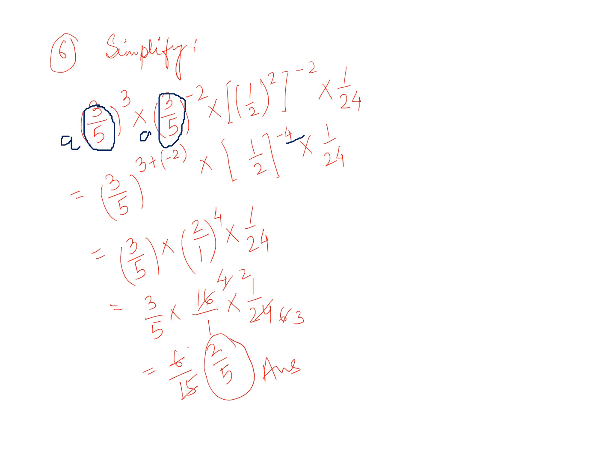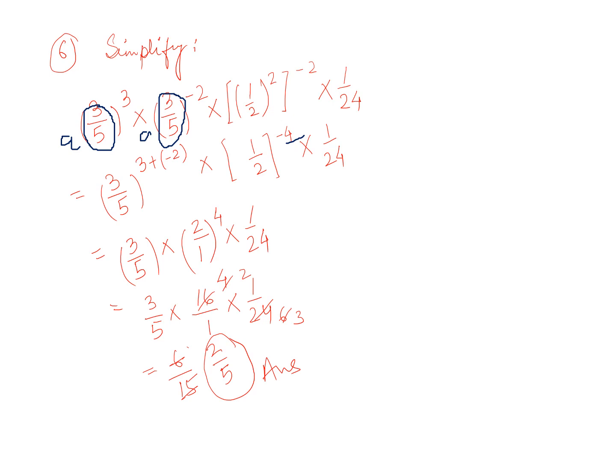Minus 4 means I will invert 1 by 2. So invert means reciprocal of 1 by 2 will be 2. Reciprocal of 2 is 1 by 2 and reciprocal of 1 by 2 is 2. So I have written 2 by 1 to the power 4 into 1 by 2 to the power 4.